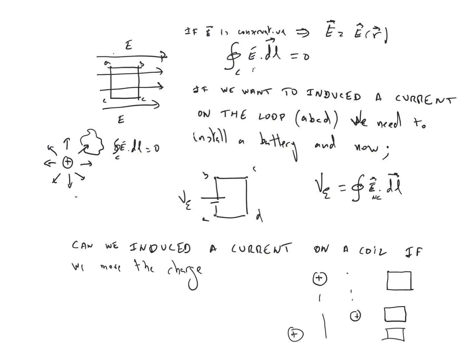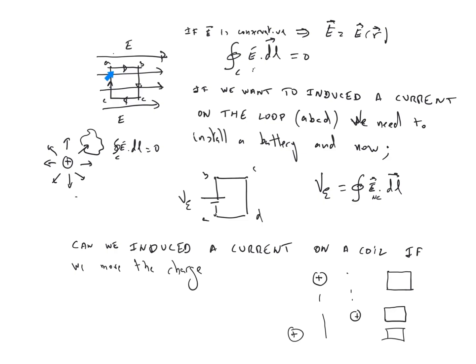If you take the work per unit of charge going around any curve C in the presence of the electrical field, the total work from going from A and back to A is 0, because this electrical field is a conservative field.